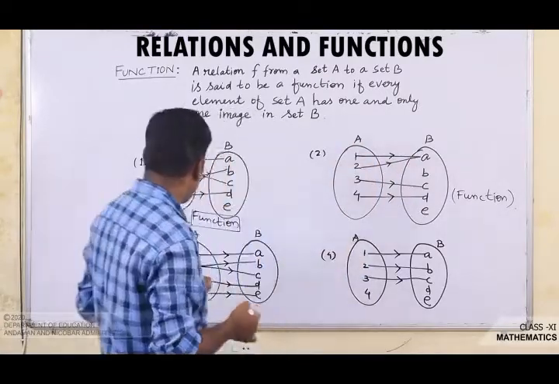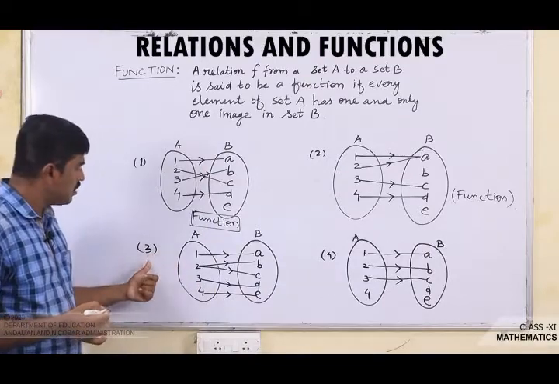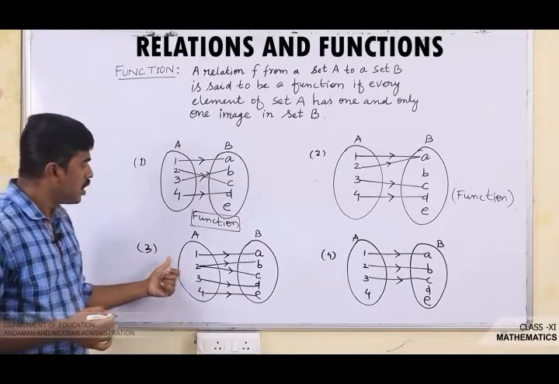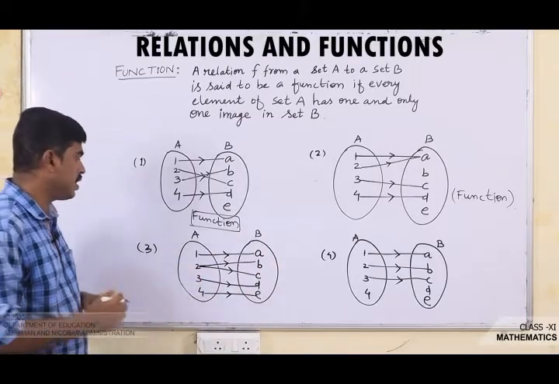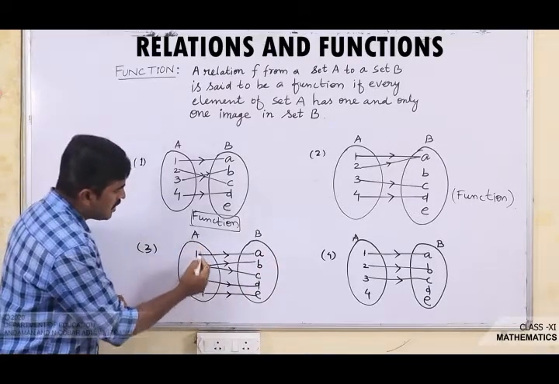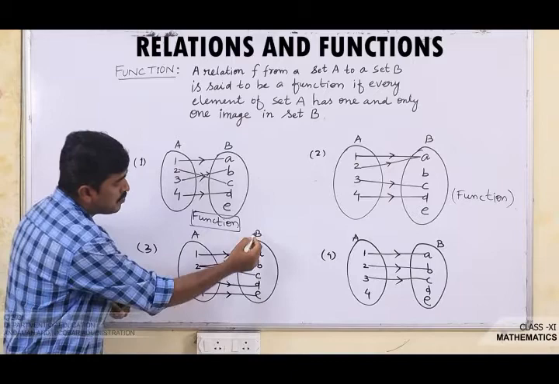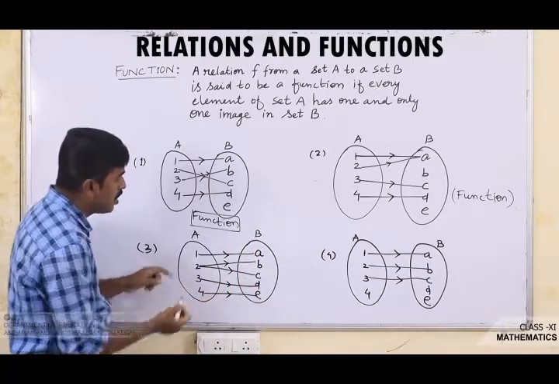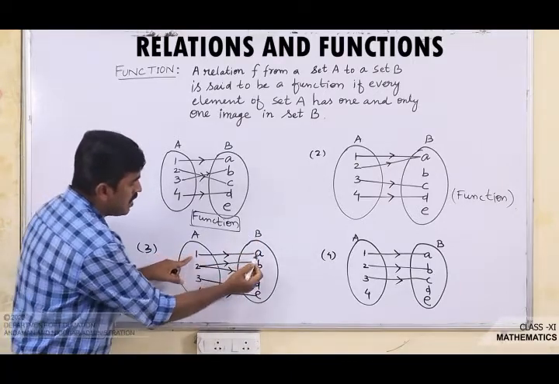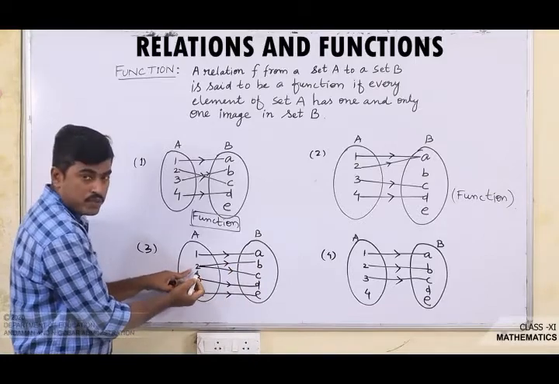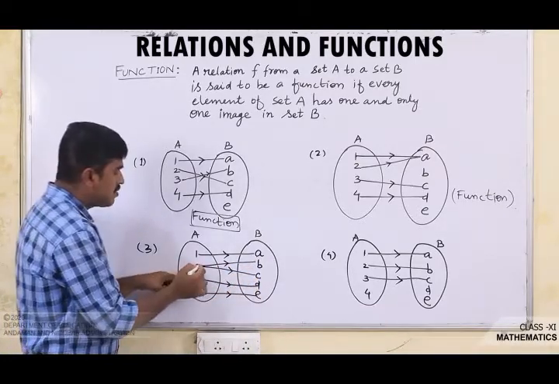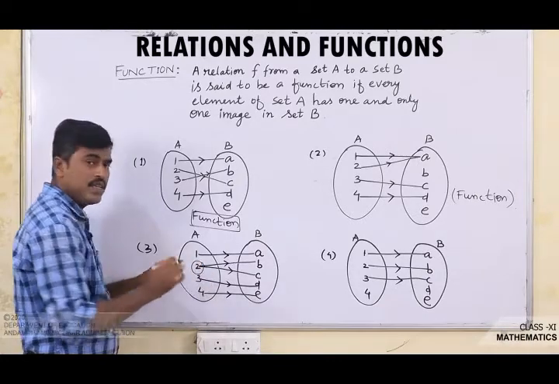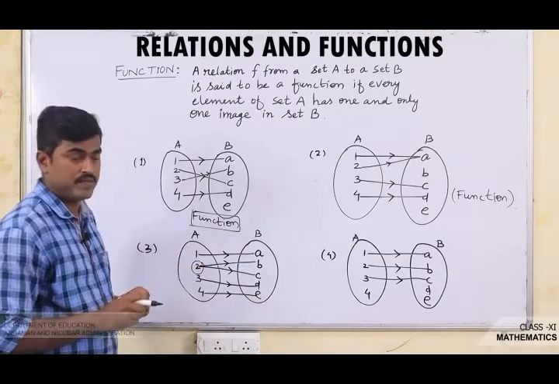Okay. Now let's move on to example number 3. Check whether this relation is a function or not. Here the set A contains the elements 1, 2, 3, 4 and set B contains the elements A, B, C, D, E. Now the image of 1 is A, and the image of 2 is B as well as C. That means the element 2 has two distinct images.